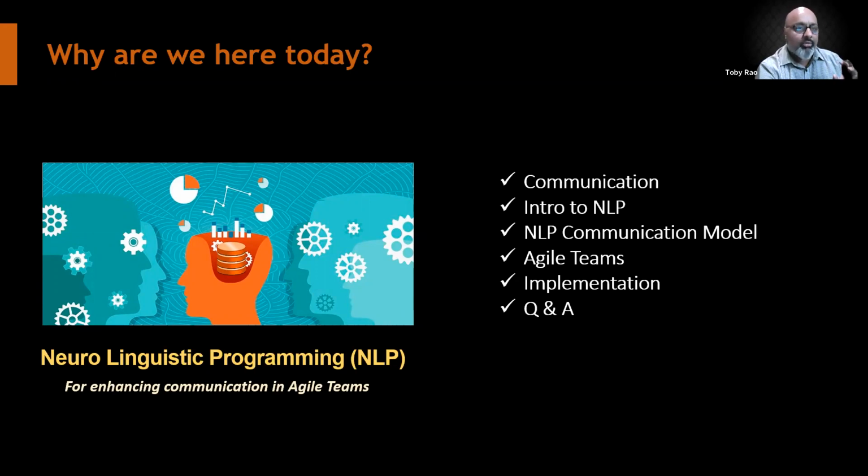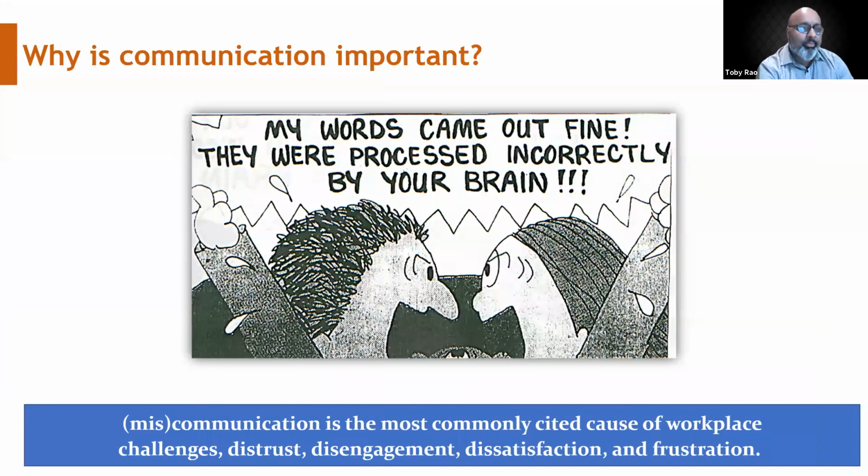Our focus is the communication model. And then we're going to talk about Agile teams. And then I'm going to share some insights and tips on how you can implement some of these tools, techniques, and best practices in your teams. And then we're going to hopefully open it up for questions and answers. All right. So with that, let's jump to the main topic. Why is communication important?